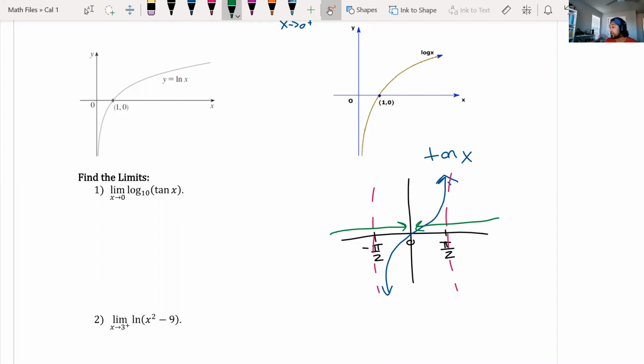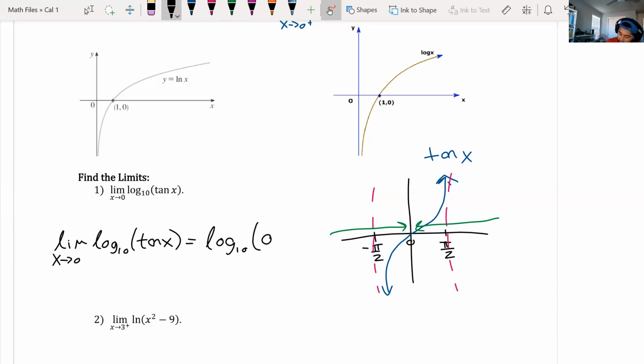Because the tangent of 0 is 0. So in order to rewrite this, we're going to say the limit as x approaches 0 of the log base 10 of tangent x becomes the log base 10 of 0 from the right.